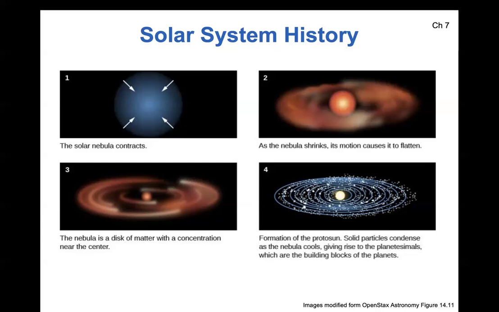So right as the sun started to become an actual full source of energy, at least the energy coming from fusion, although there would have still been a great deal of energy coming from the protosun, but coming from gravitational contraction.